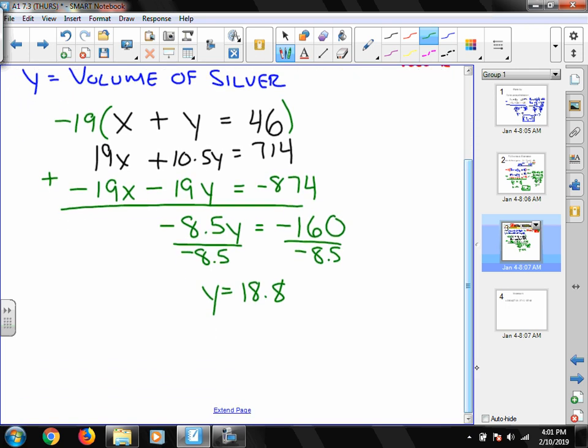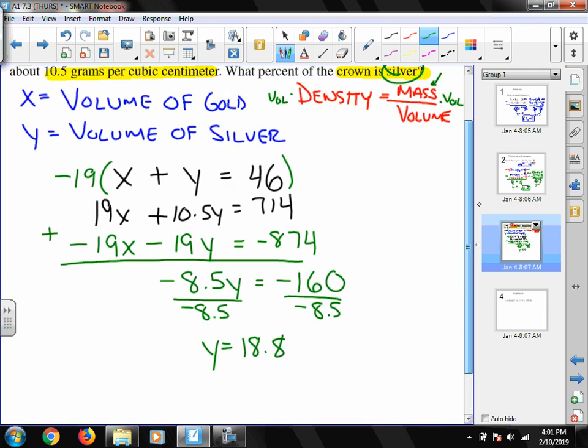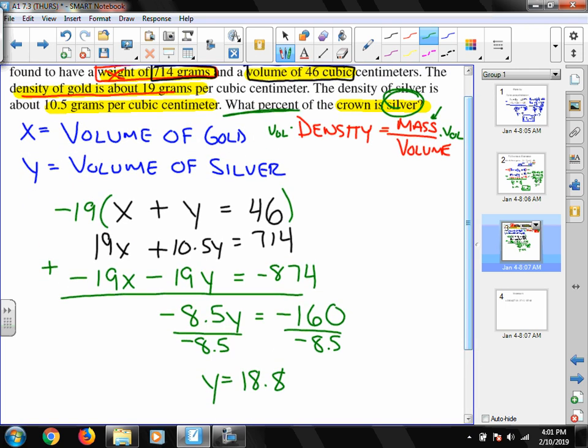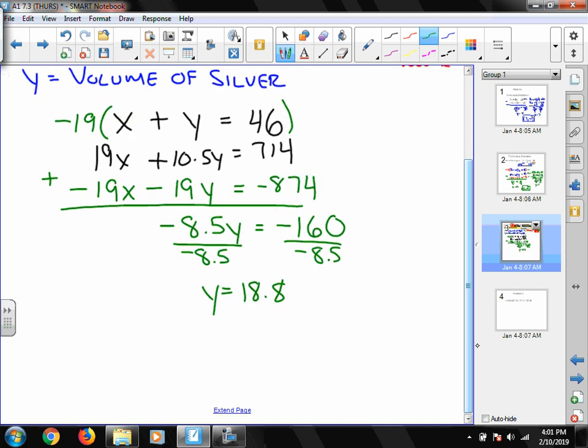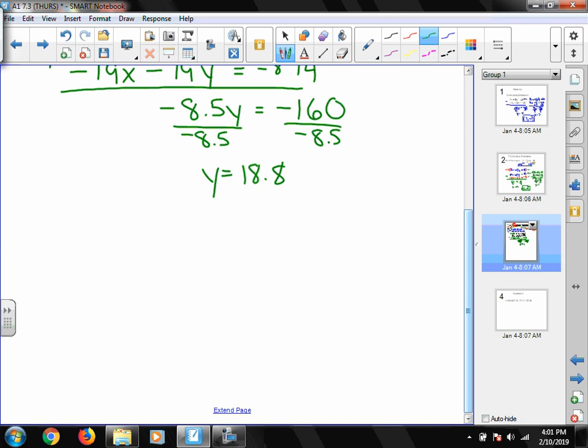And to find a percent, because they ask us what percent, make sure you read questions. That's how you know what you're looking for. Percent is going to tell me that I want to take a part over a whole.